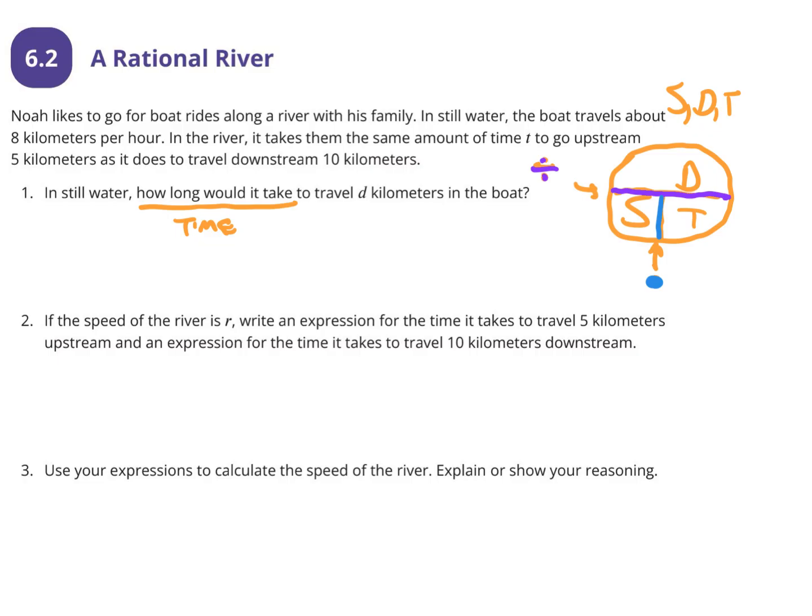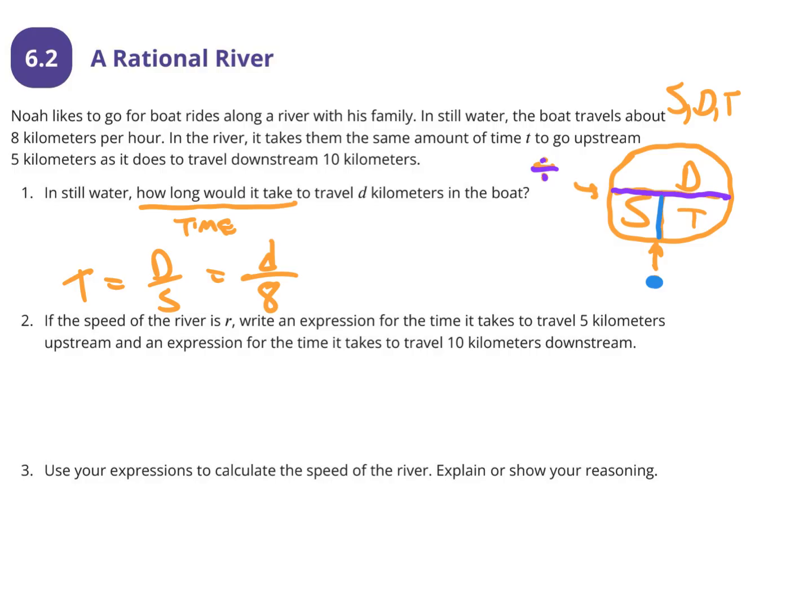Okay, so time equals distance over speed. Our distance is d, little d. Our speed is 8. So it's just d over 8.